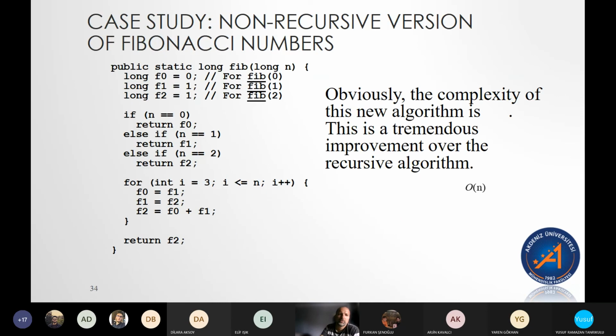All right. So what we could do instead, we talked about this, is calculate these earlier values and add them together until we get to the one that we want, and then just return it. Okay. This new algorithm, instead of being 2 to the n, ends up being big O of n, much faster.